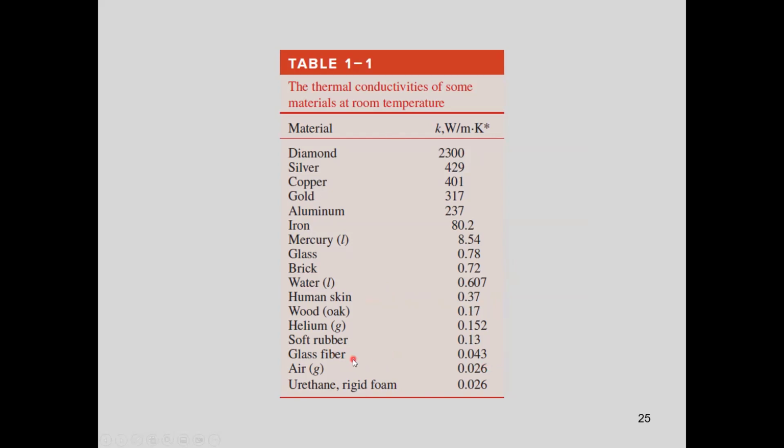Glass fiber is an insulating material. Air 0.026, urethane rigid foam 0.026.